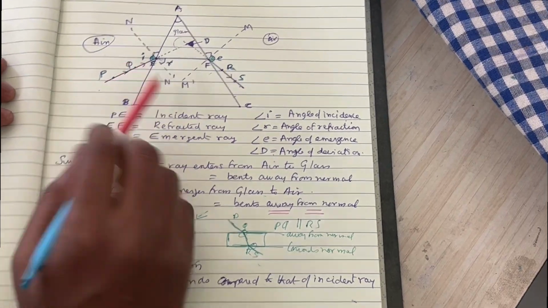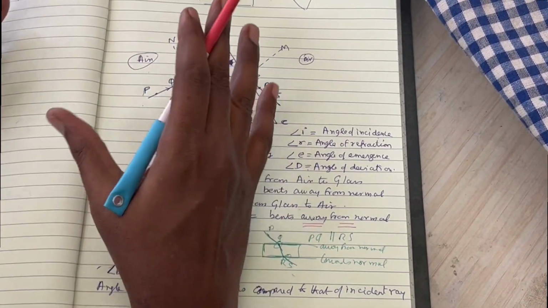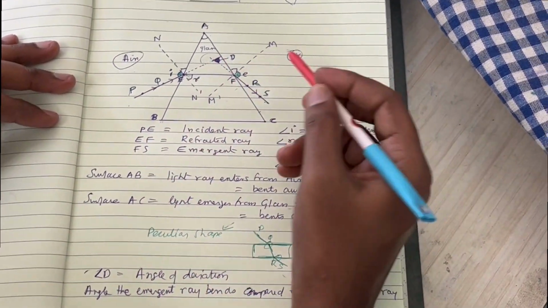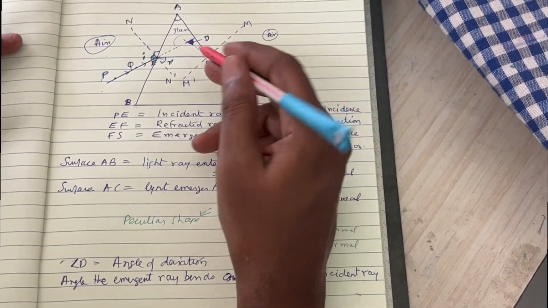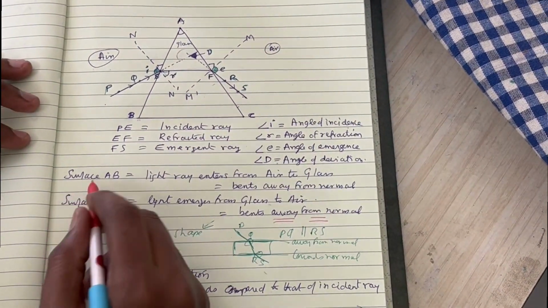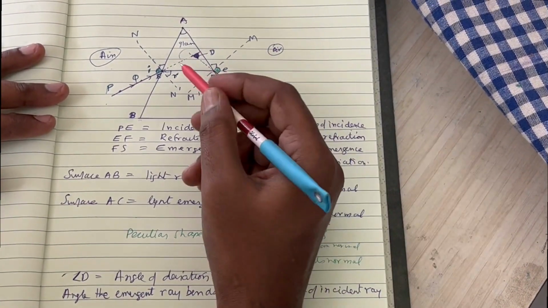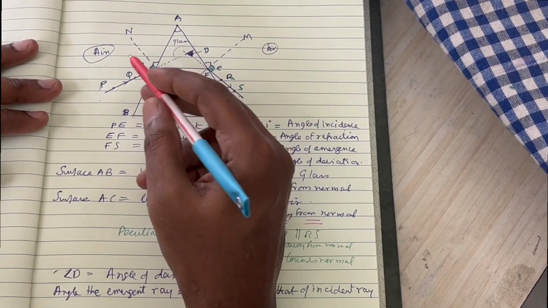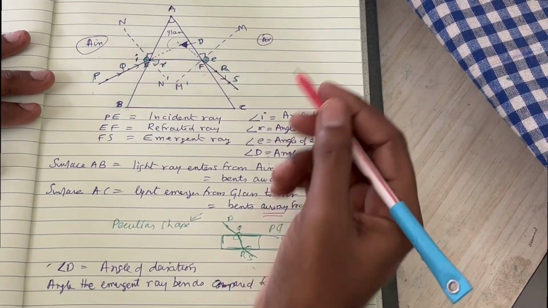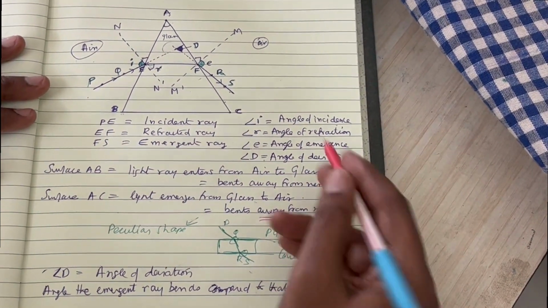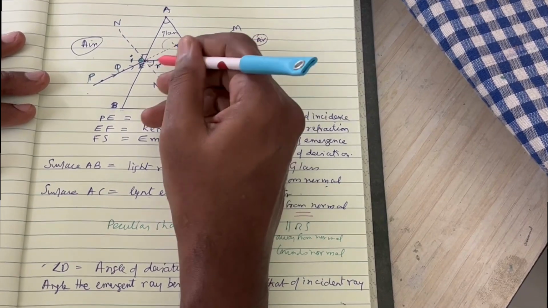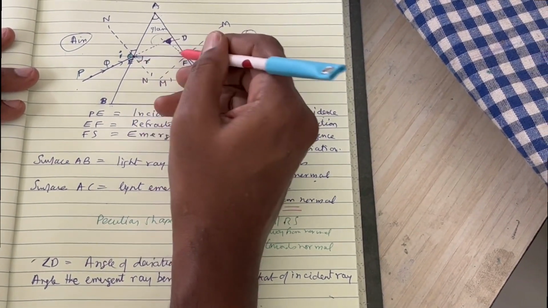At AB, the 2 media are air and glass. At AC, the 2 media are glass and air. At surface AB, the light ray enters the prism from air to glass, and of course it bends away from the normal. You can see that the light ray is bending away from the normal.